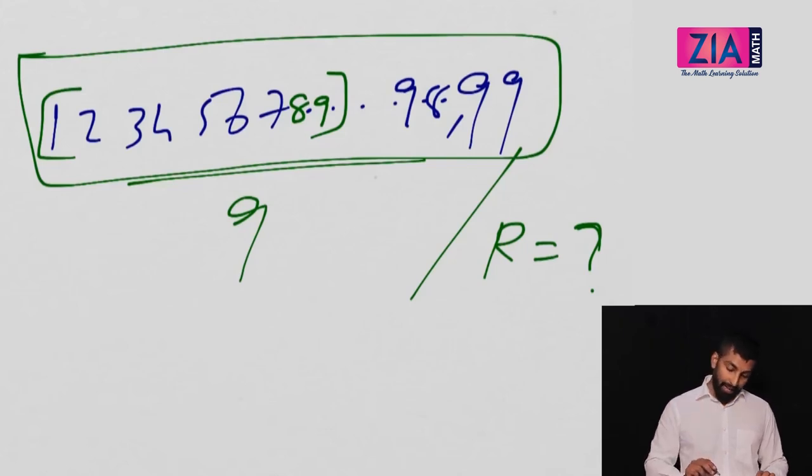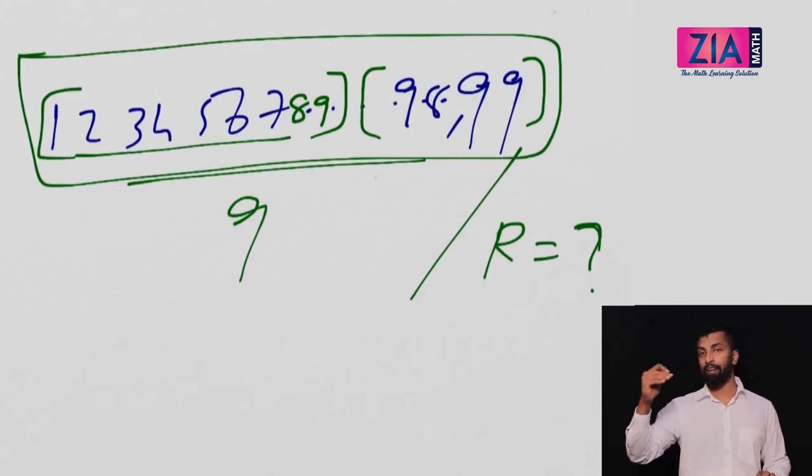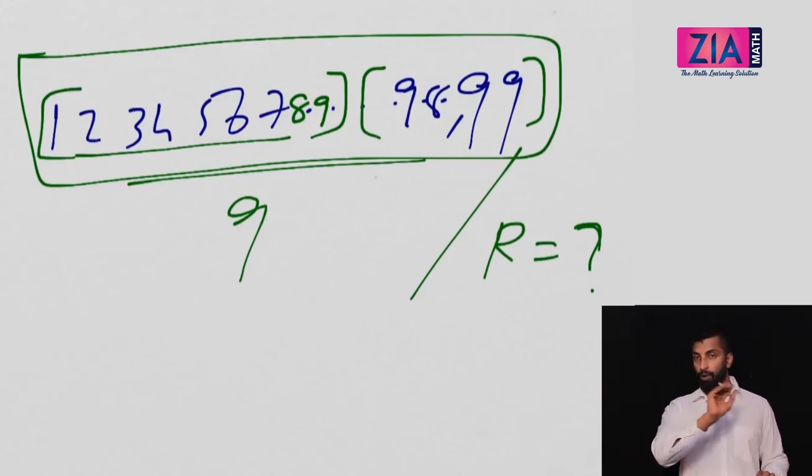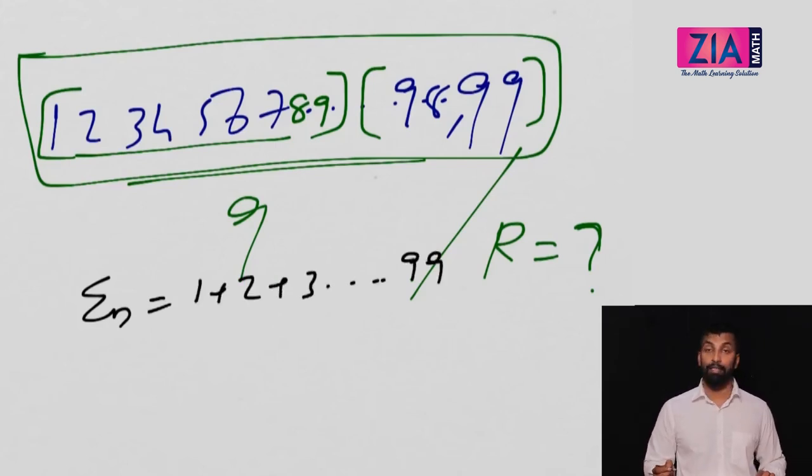Then basically up to 9 you can take 1 digit at a time, and after 10 up to 99 you can take 2 digits at a time. So then I am taking 10, 11, 12, 13, etc. So I add all these. So I am actually converting this question to a sigma n question. So I get 1 plus 2 plus 3 plus etc. up to 99. That's actually sigma n.